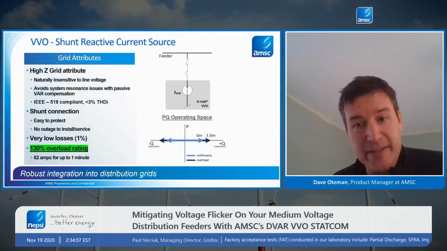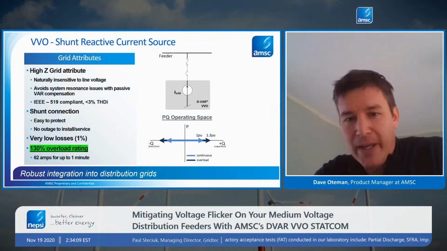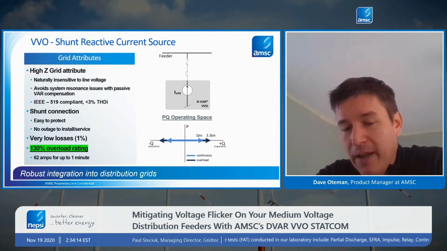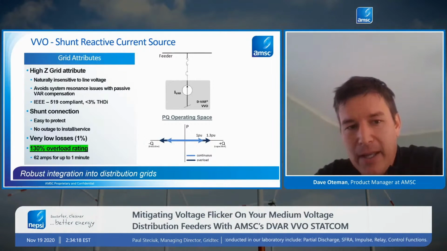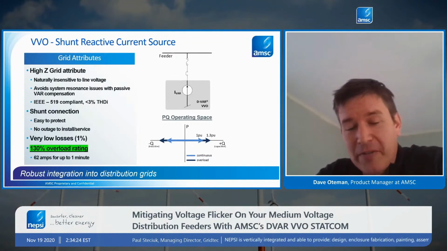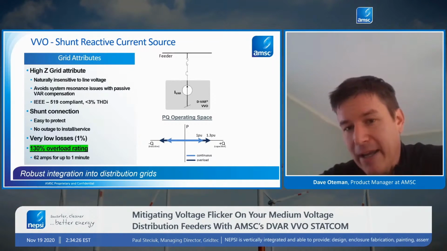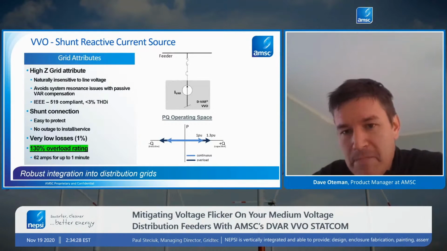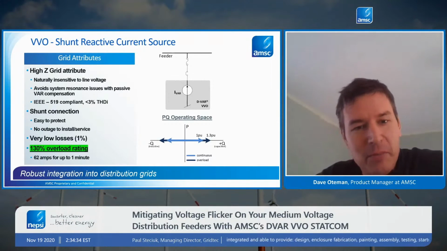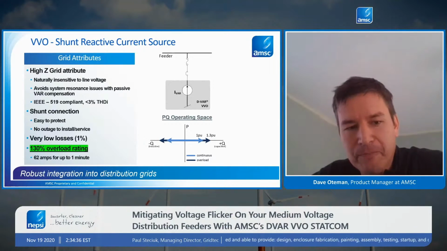The other thing is the STATCOM will produce pure sine wave output. So there's very little harmonic distortion in the output current of the STATCOM. And that allows the engineer applying or specifying it to know that they're not going to have to come back and, for example, install a large harmonic filter to address harmonics compliance due to the device itself.